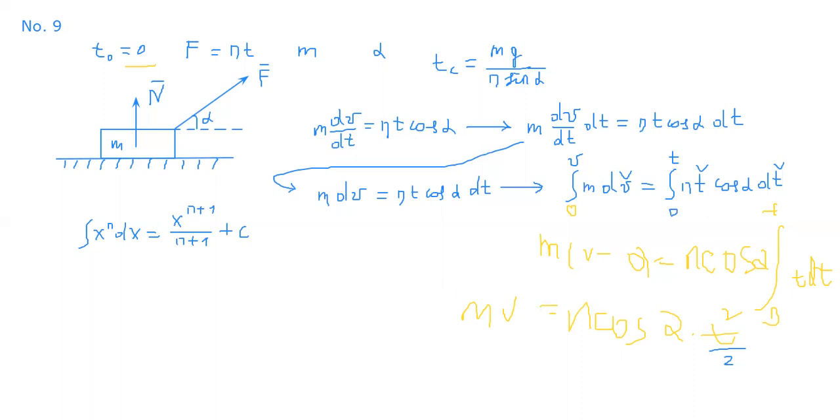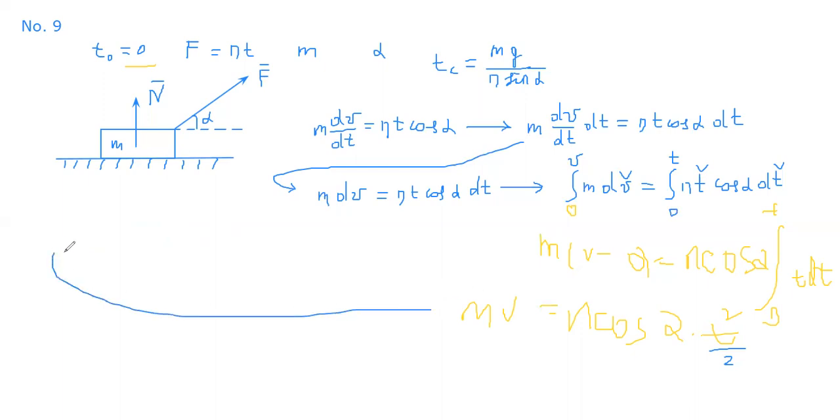So because of this we have 2 in the denominator. Okay, this is correct.